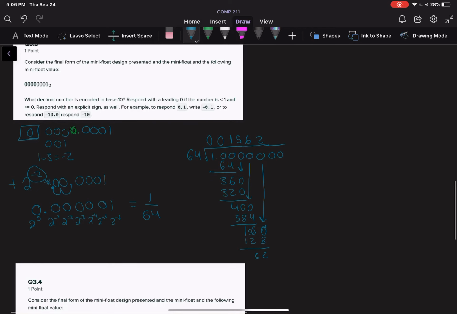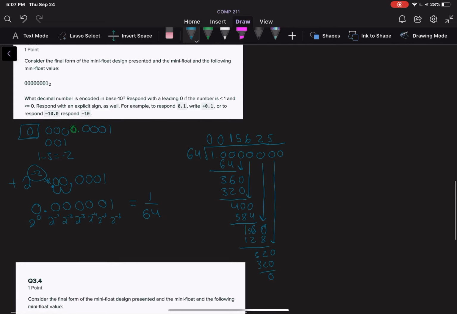And then we'll drop another 0. And we know that that is actually 60 times 5 is 300. And 5 times 4 is 20, so that's 320. And we get the 0, and we stop right there. So then this is our final answer, 0.015625. Wow, that was a lot.